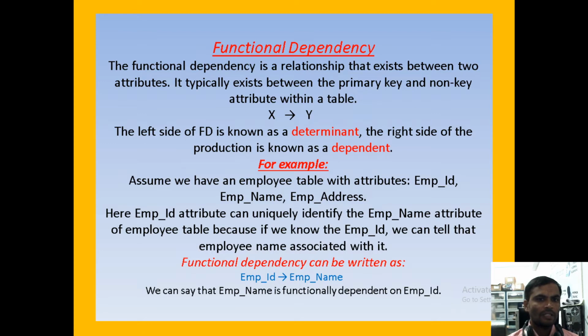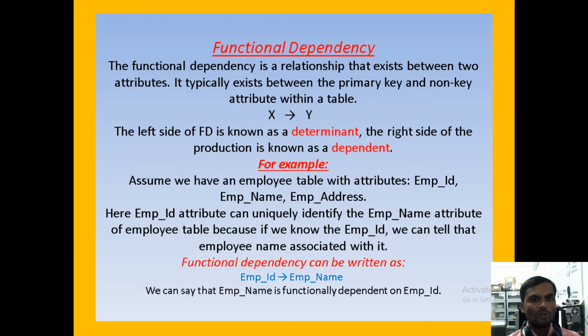It typically exists between the primary key and non-key attributes within the table. Compulsorily, one attribute should be the prime attribute and the other should be a non-prime attribute, which we call a non-key attribute.